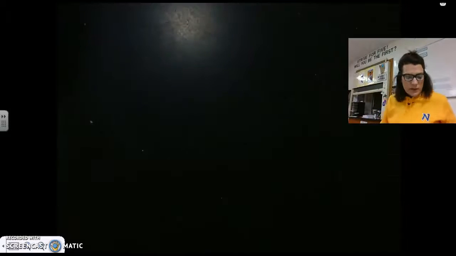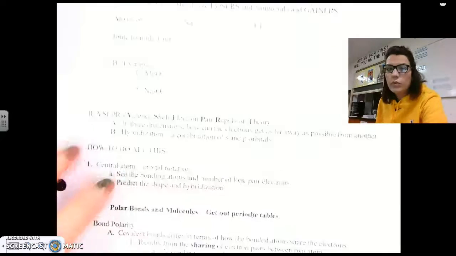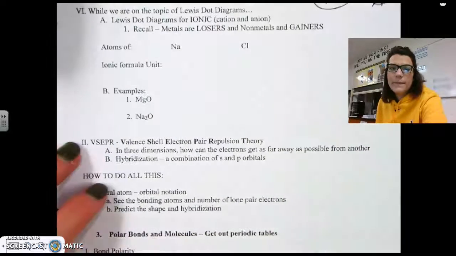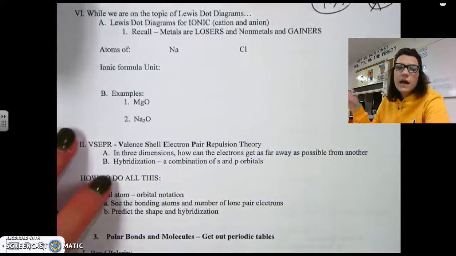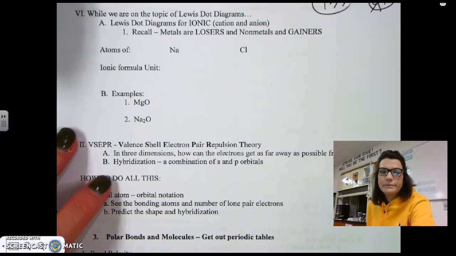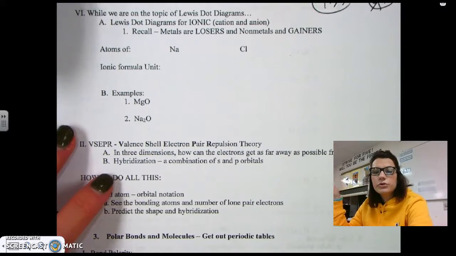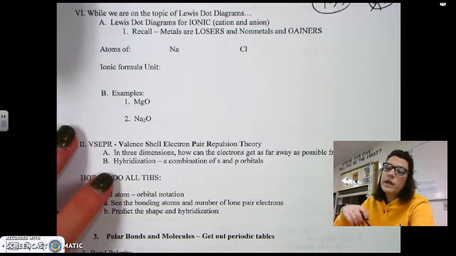Okay, so that's double and triple bonds. Something else that I want to mention is a Lewis structure for ionic compounds. Okay, so you have to remember in an ionic compound, a cation and an anion, what we just finished talking about, you're going to have a metal and a nonmetal. So your metals will lose their electrons where nonmetals will gain their electrons.